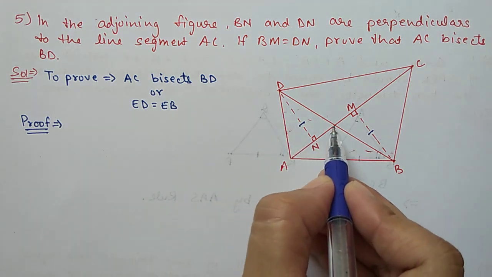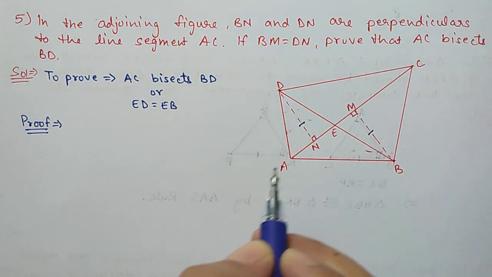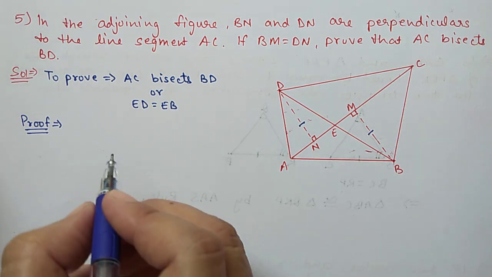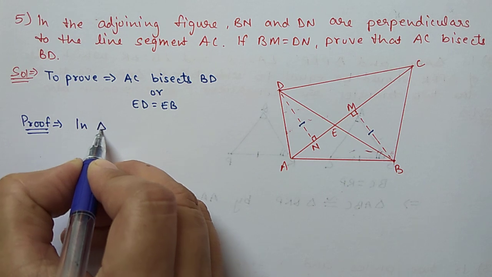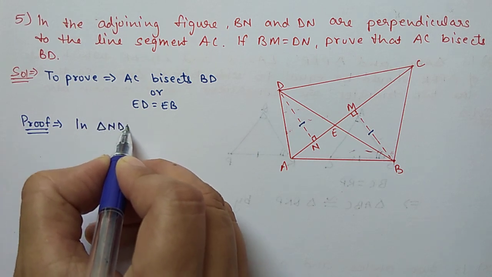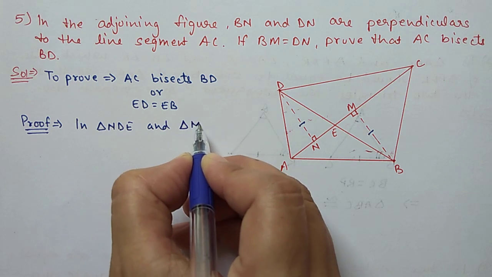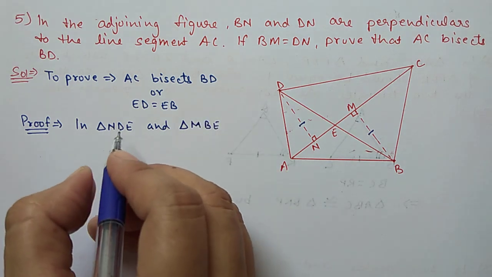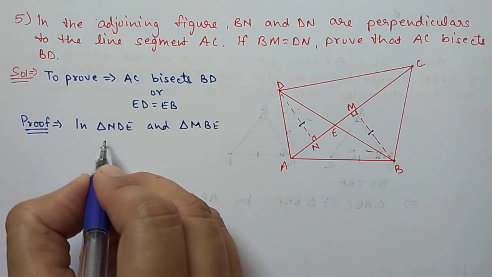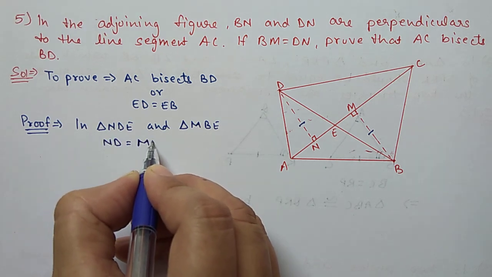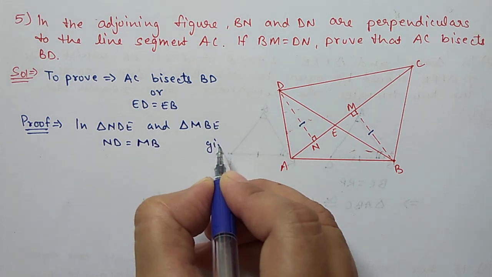Now we will take these two triangles and prove that they are congruent. So first, in triangle NDE and triangle MBE, first, this side ND is equal to MB. It is given in the question.